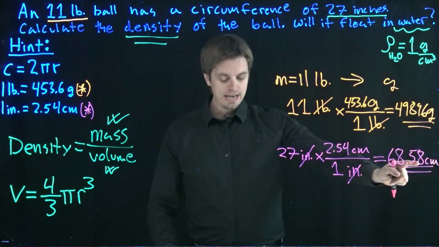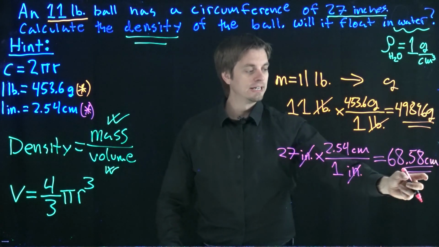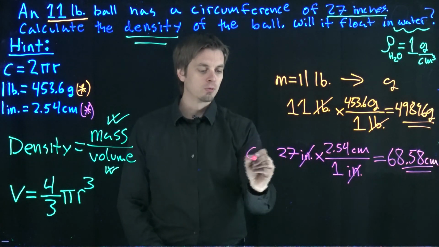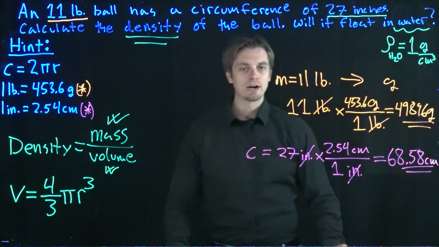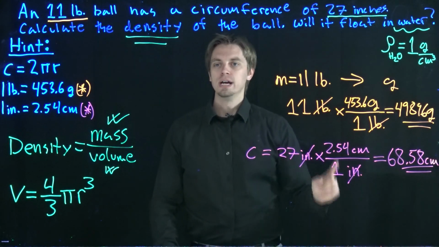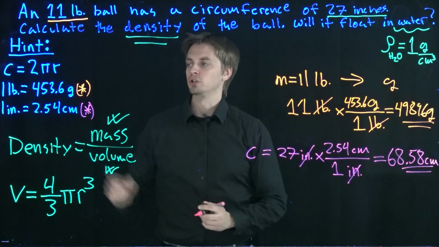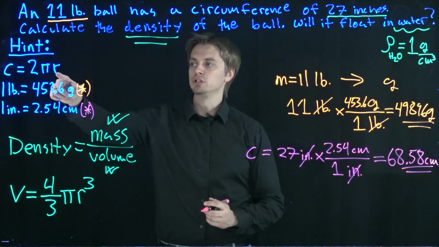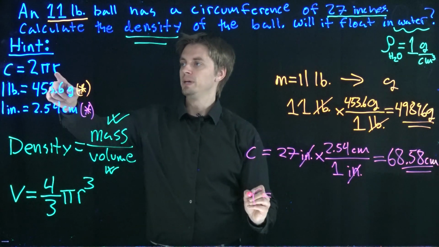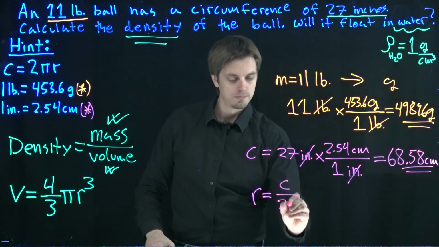Okay, so now we have the circumference given to us in centimeters, right? So I'm going to write that down here to guide our thoughts. So C is given to us in centimeters. Now what we're going to have to do is use our circumference equation here to solve for radius. So the radius is going to be equal to C over 2 pi.